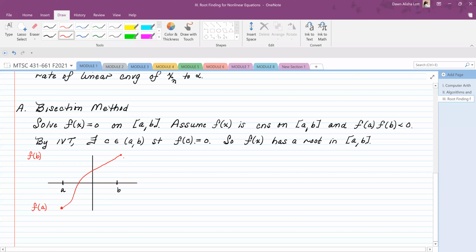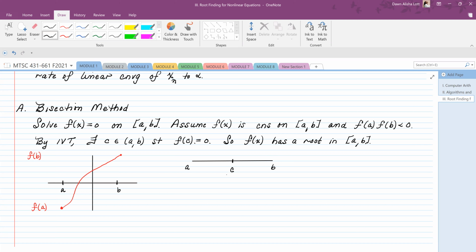Okay. So now the way we actually conduct this algorithm is we're going to start with the interval AB. And then we're going to bisect it and divide it into two and get two intervals now, AC and CB.